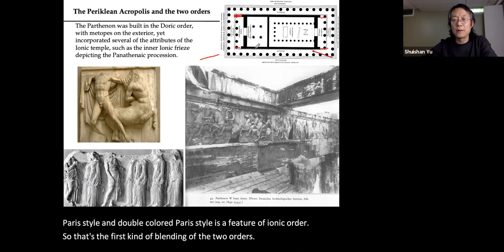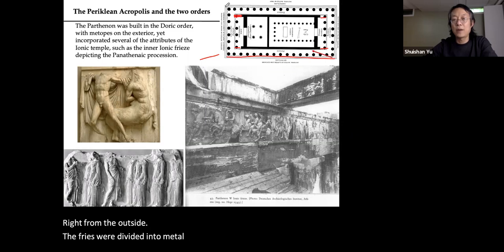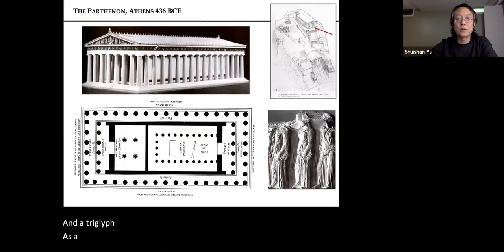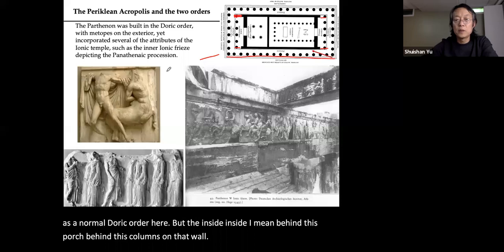Another one is a continuous frieze, right? From the outside, the frieze was divided into metope and triglyph as in a normal Doric order here. But on the inside, behind this porch, behind these columns on that wall, the frieze was continuous.